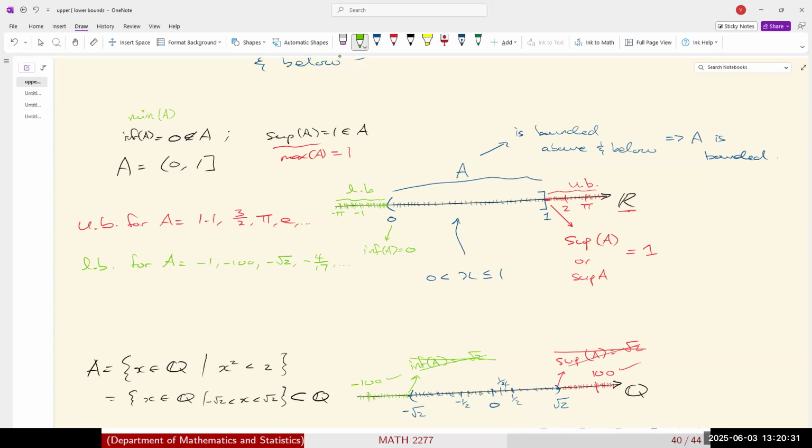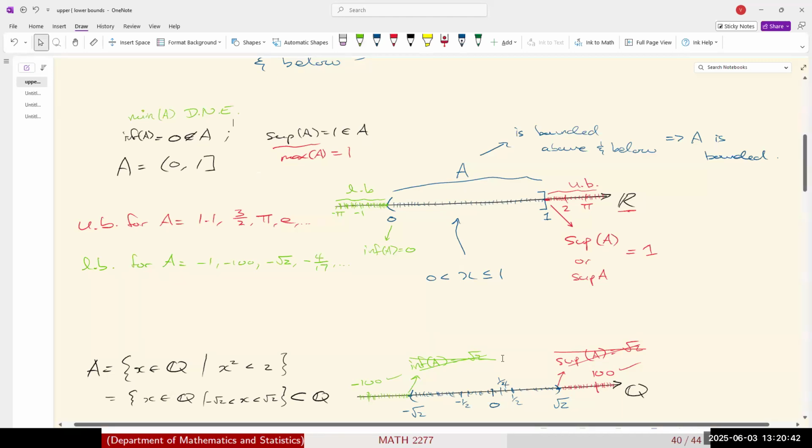So we'll see that the minimum of A does not exist. The set has an infimum, yes, but no minimum.